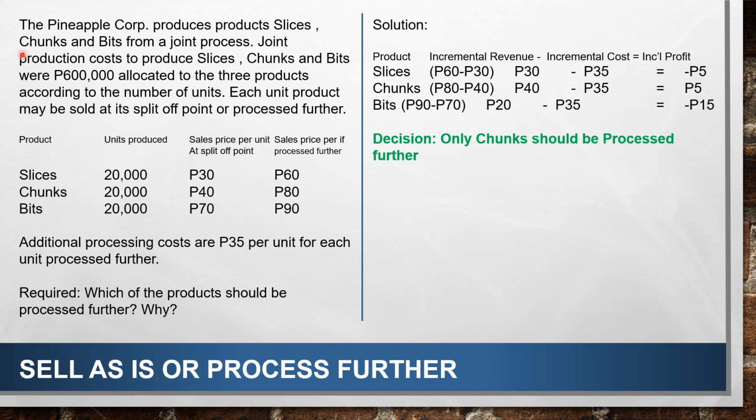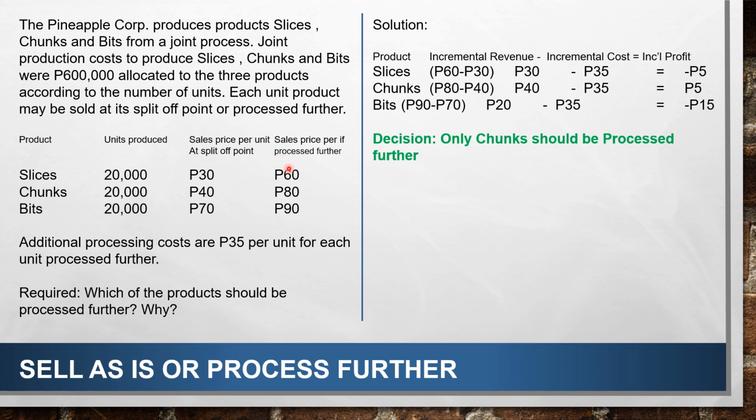Joint production costs to produce slices, chunks, and bits were 600,000, allocated to the three products according to the number of units. Each unit product may be sold at its split-off point or processed further. So we have the three products: slices, chunks, and bits. We have here the units produced, 20,000 each for each product.